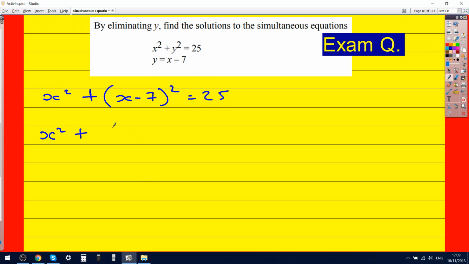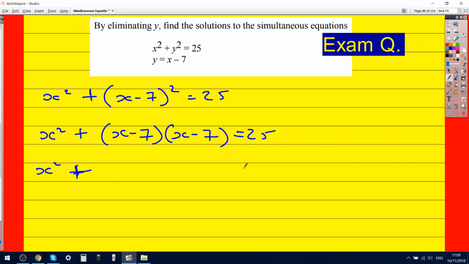Because squared is times by itself. The easiest way is to just write it twice and then do it like a normal double bracket. So what do you get there? 49. So it'll have plus 49.